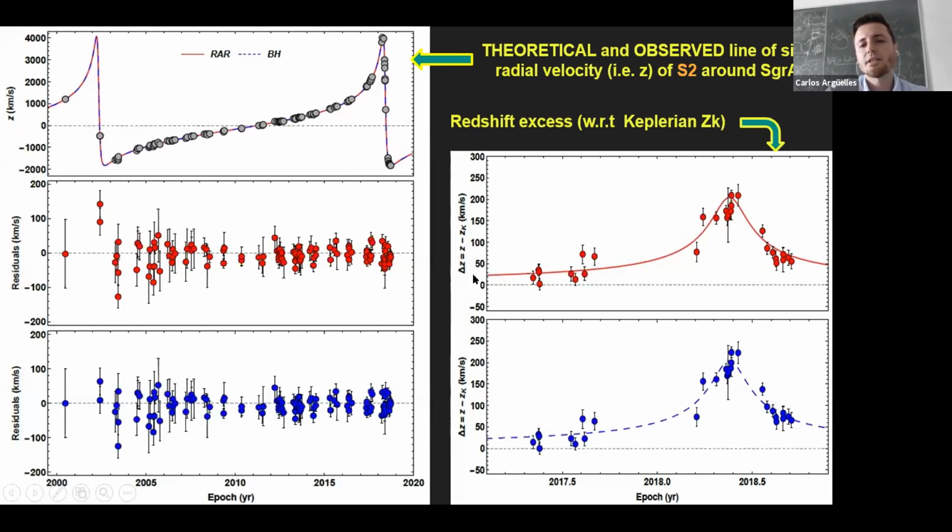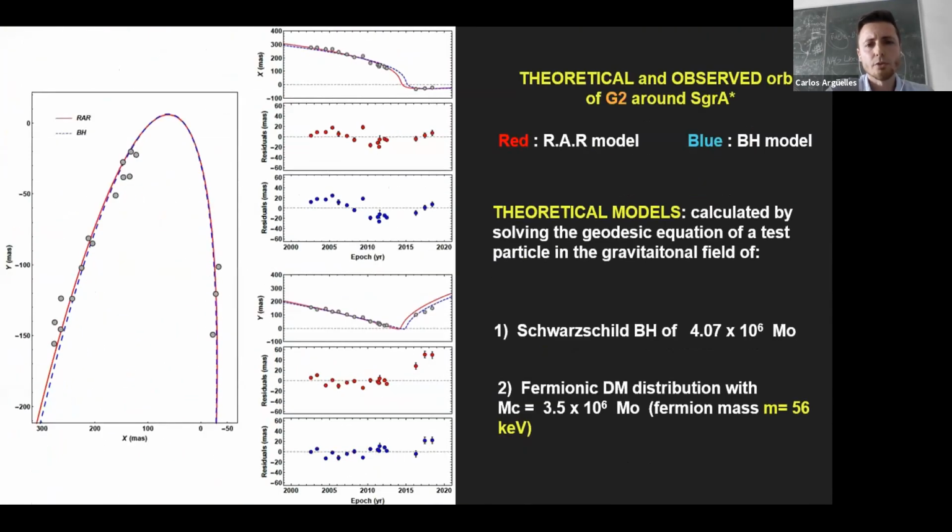If this difference is larger than 0, it means that there are relativistic contributions to the Keplerian radial velocity, and this is the case which was confirmed a few years ago by the GRAVITY collaboration, in blue for the black hole, and this can also be equally reproduced, in red, by our dark matter core. So this relativistic redshift can also be reproduced.